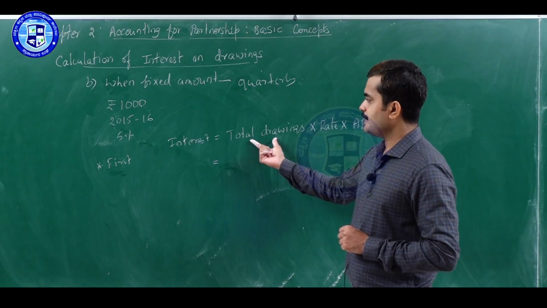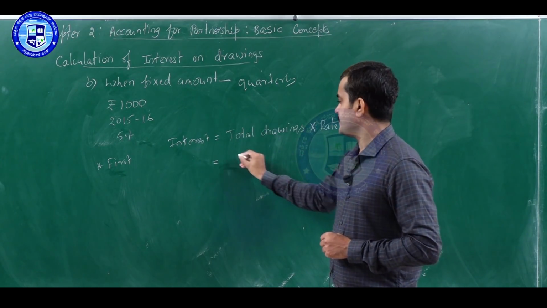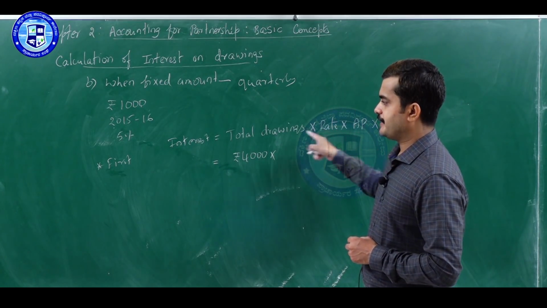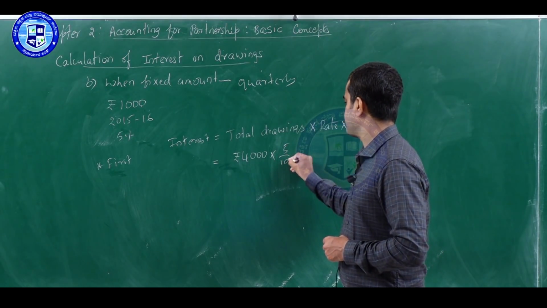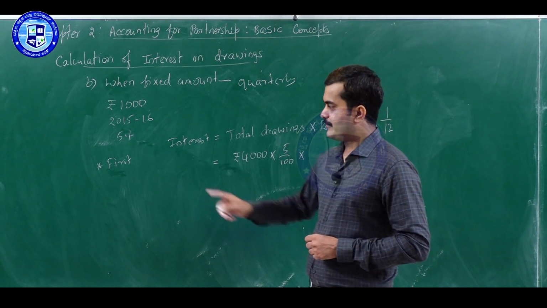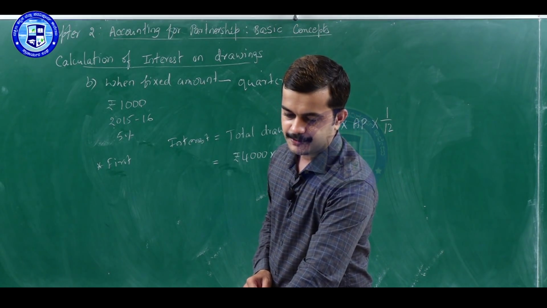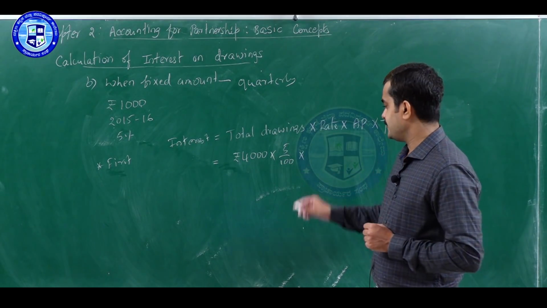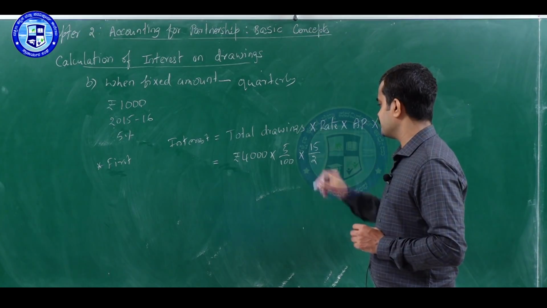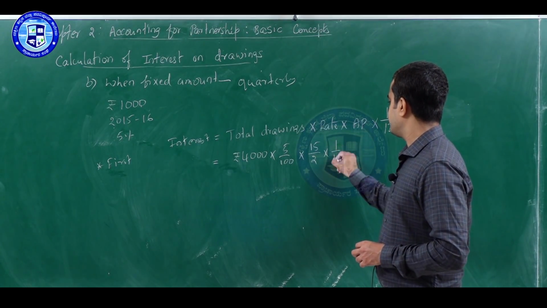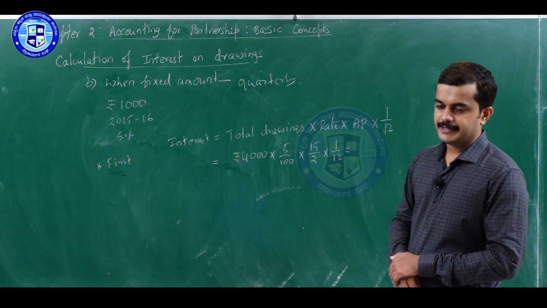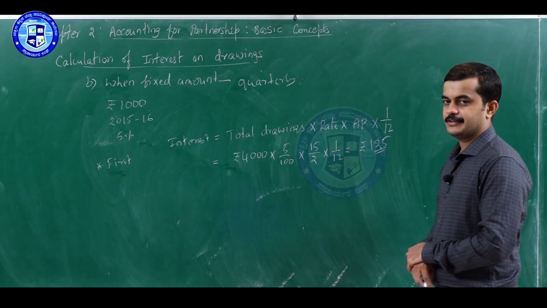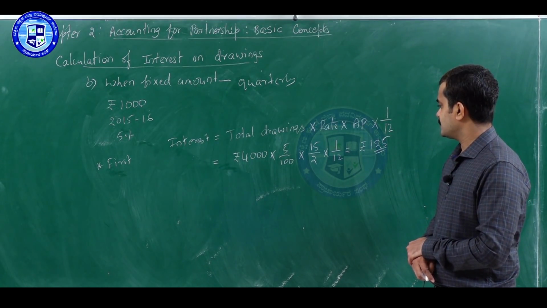So, total drawings will be 1000 into 4, that is 4000, multiplied by rate of interest, that is 5%, into average period. When withdrawal is made on the first day of every quarter, we have already calculated the average period, which comes to 15/2 into 1/12, and the answer we get is rupees 125.